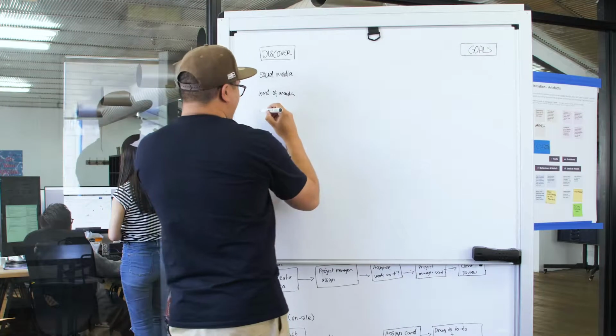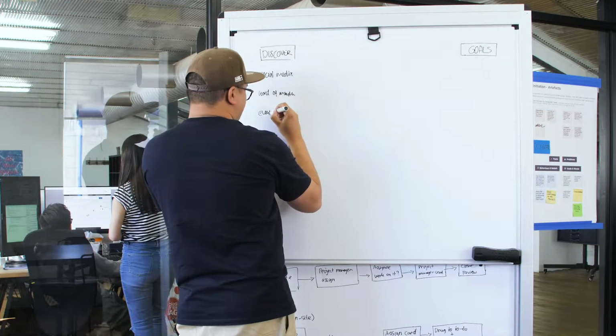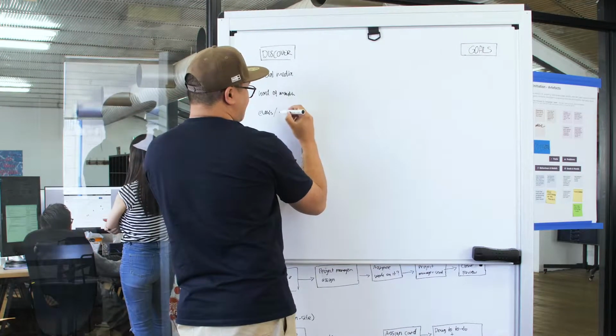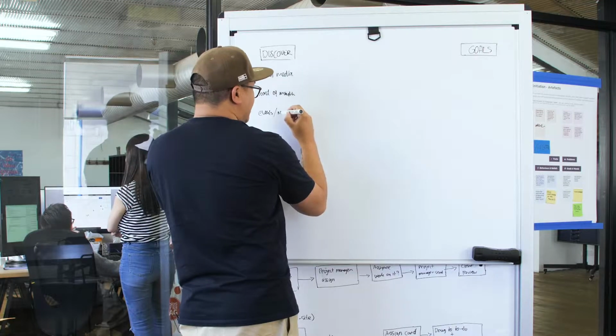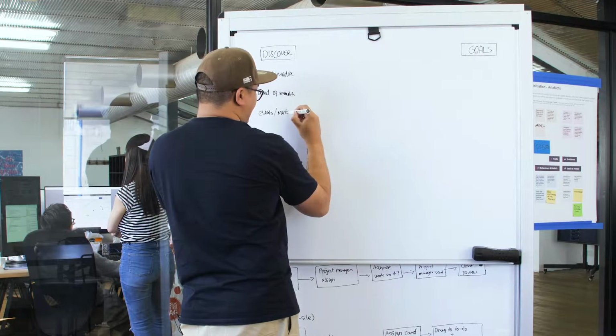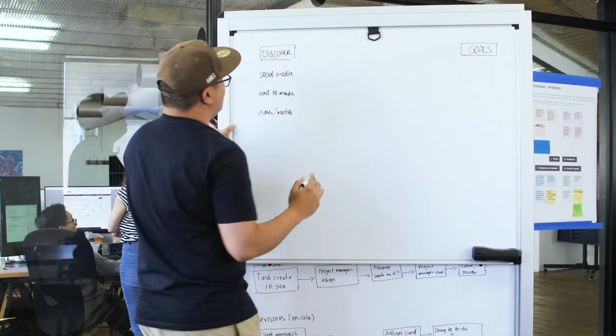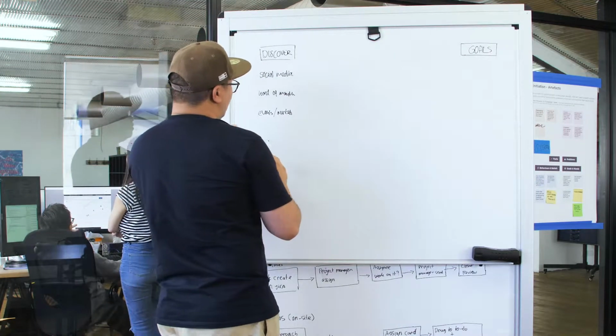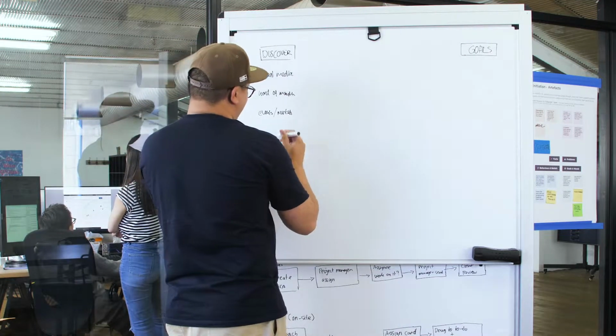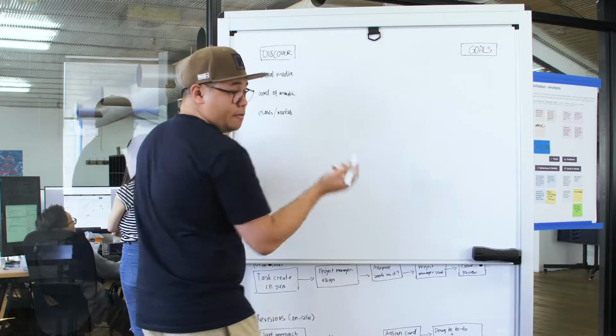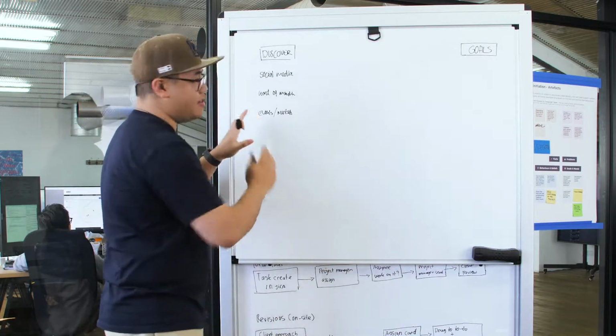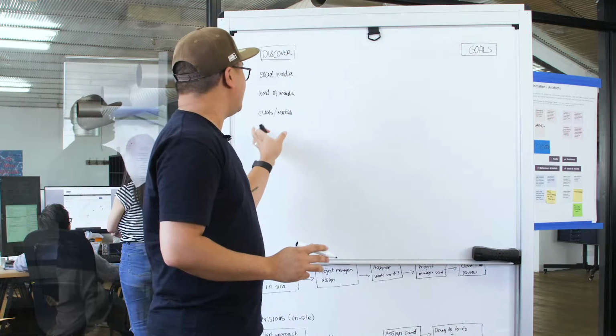It might be events or markets, like arts and crafts markets. Or it could be from, I don't know, I can't even think of anything else, but let's leave it there. So social media, word of mouth, events and markets.